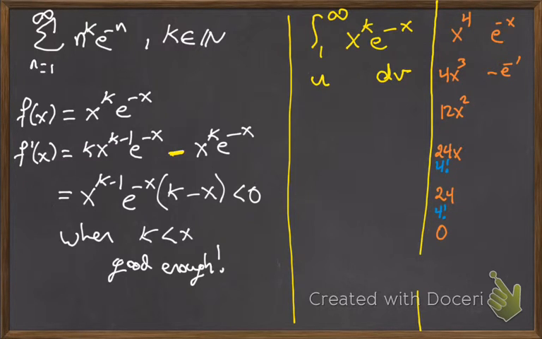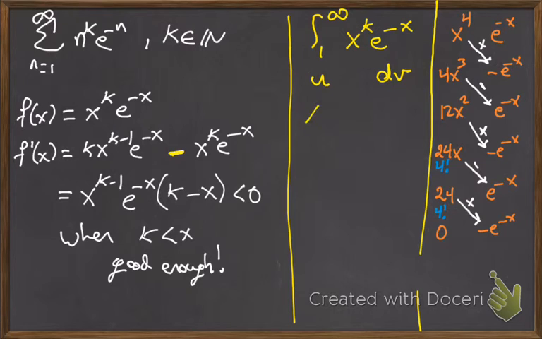Integrating e to the minus x will be minus e to the minus x, e to the minus x, minus e to the minus x, e to the minus x, minus e to the minus x. And then when we do the tabular method, it alternates between positive and negative. So we go plus, minus, plus, minus, plus, and in every case, it is going to be negative. All of them will be negative.